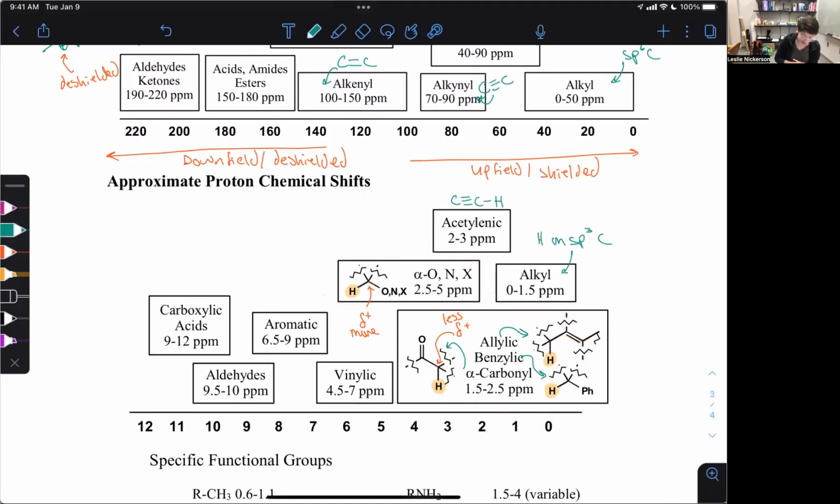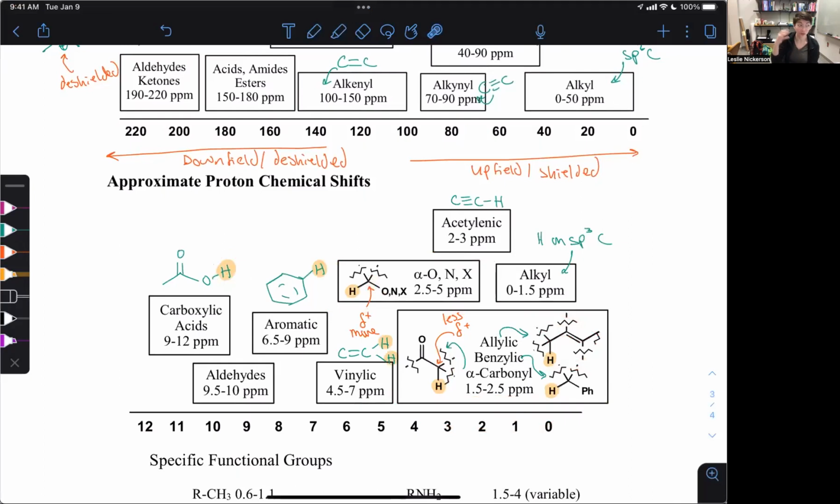Then vinylic is the H's on an alkene. Aromatic is any of the H's on a benzene ring. Carboxylic acids, remember, are our OH, so we're looking at that H. Because it is so acidic, it's very deshielded.